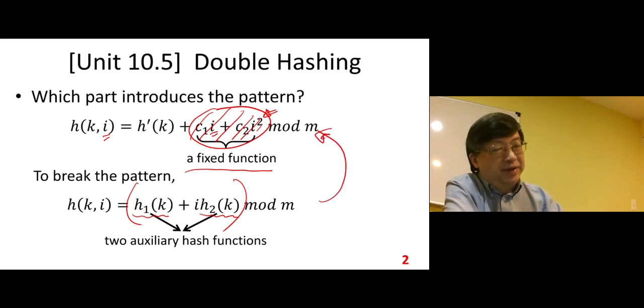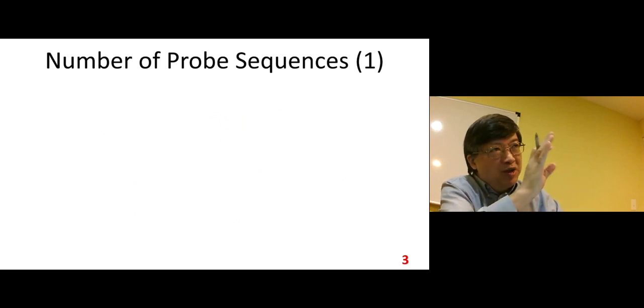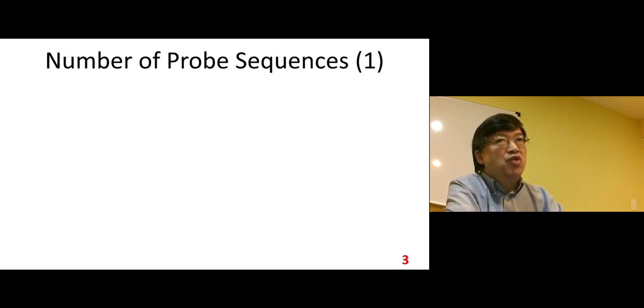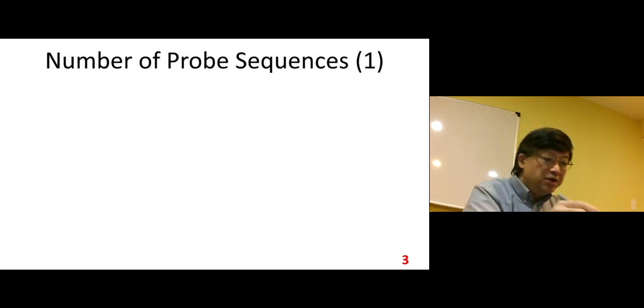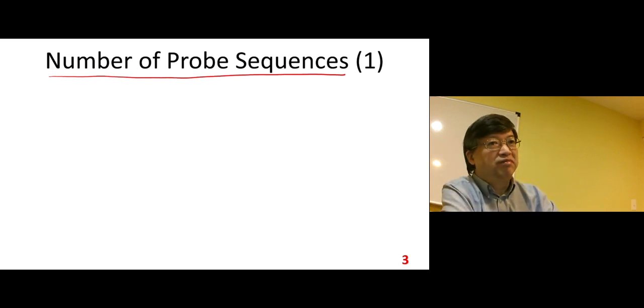How can we see that? We use one special view to see why double hashing is better than quadratic hashing: the number of probe sequences. We study that.